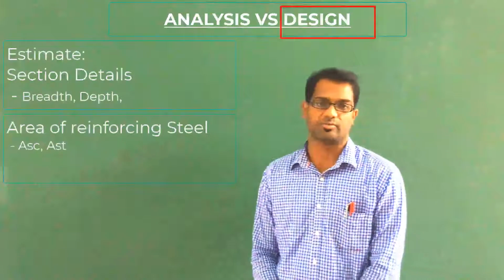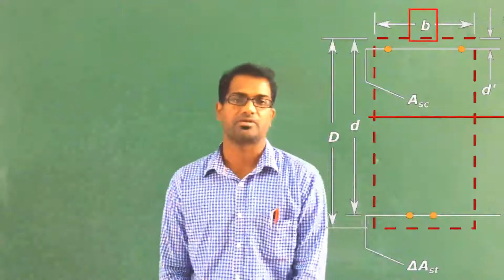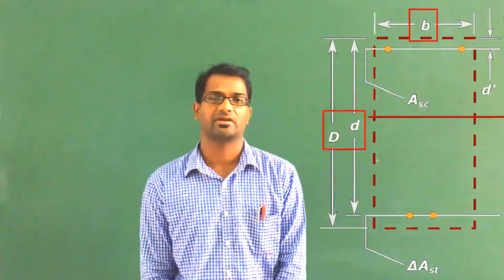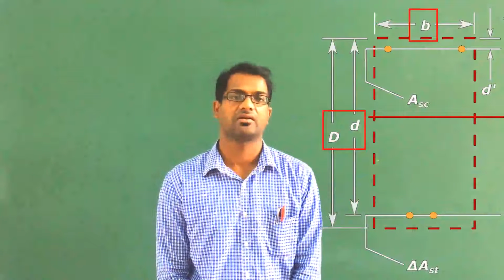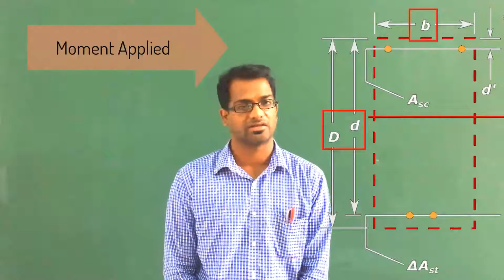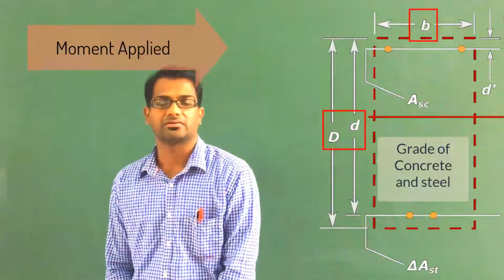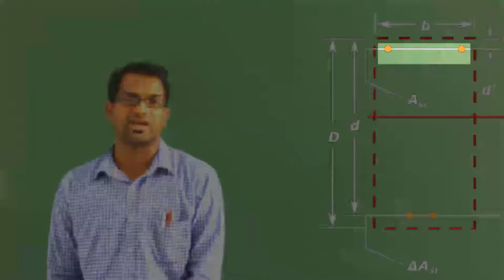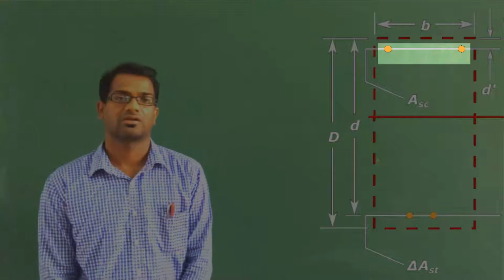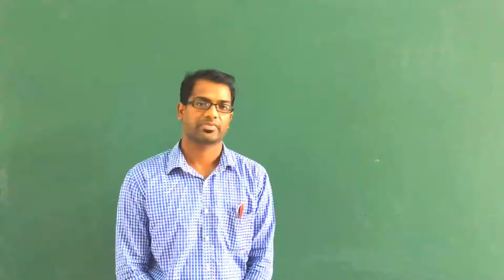design problems. In this problem, the breadth of beam is given, depth is given, the moment which the beam should carry is given, and the material properties are given. You need to design this section as a doubly reinforced section.